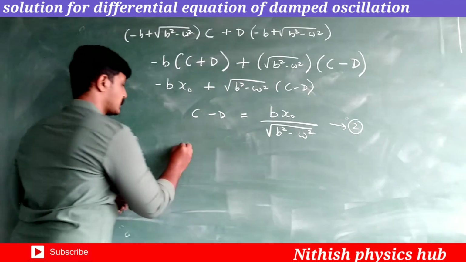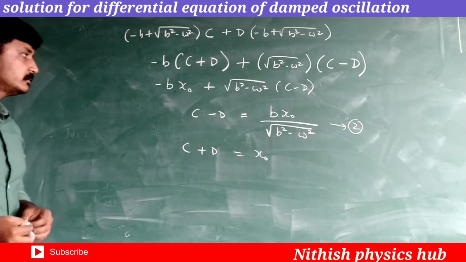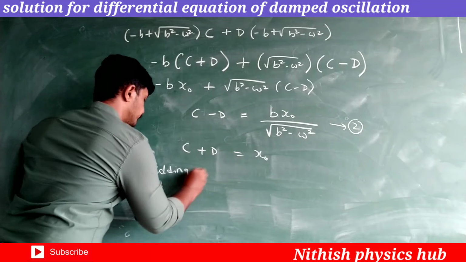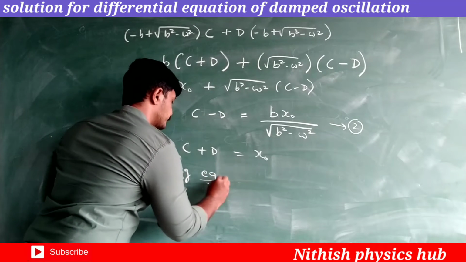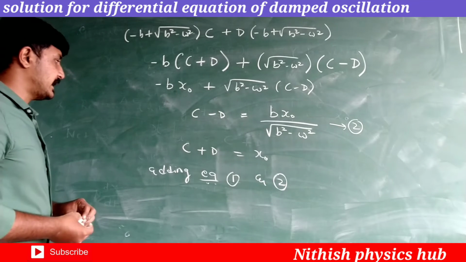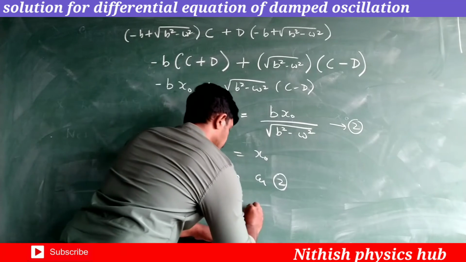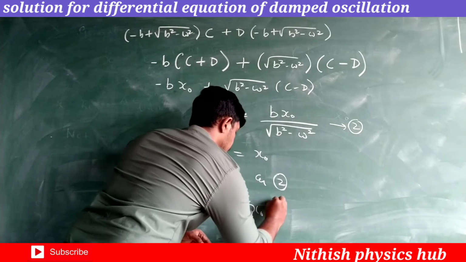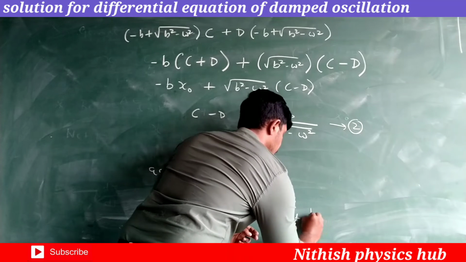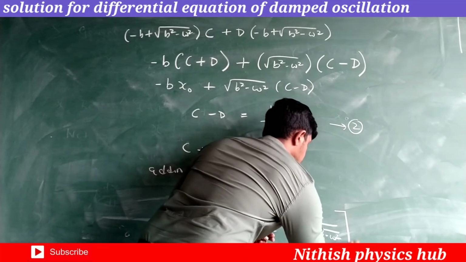So I know the value c plus d is equal to x naught. Now, adding equations 1 and 2, the 2c value will be equal to x naught times 1 plus b divided by root of b square minus omega square.